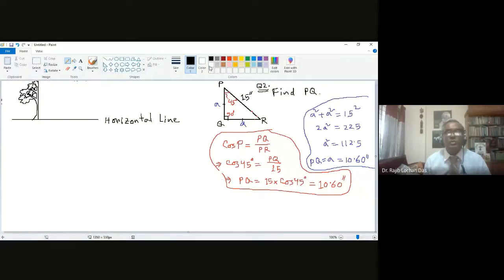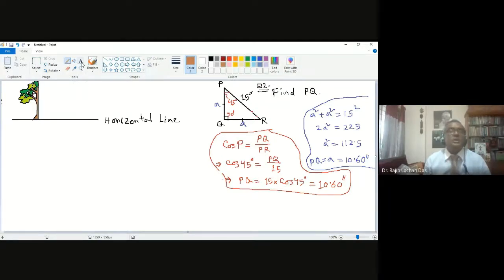At the highest point of the tree, there may be a bird. If you are on the ground and you see the bird, then someone is seeing the bird from the ground, which means it will be angle of elevation.